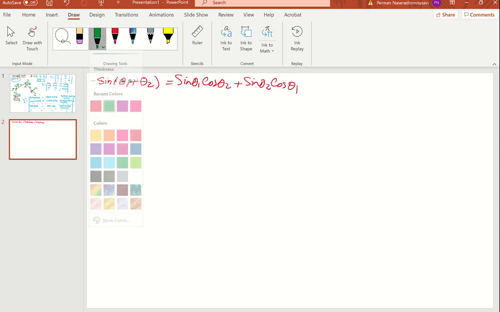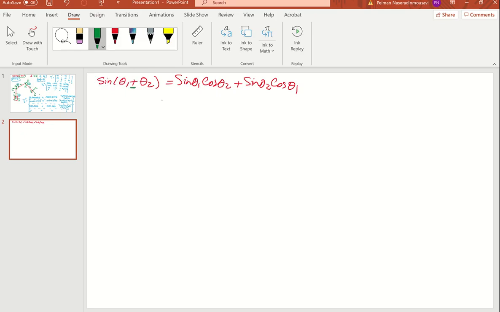Now if you change the sign here, subtract, it's gonna be also subtract, remember? Or if you say cosine of theta 1 plus minus theta 2, gonna be cosine theta 1 cosine theta 2 minus plus, gonna switch the sign, sine theta 1 sine theta 2.